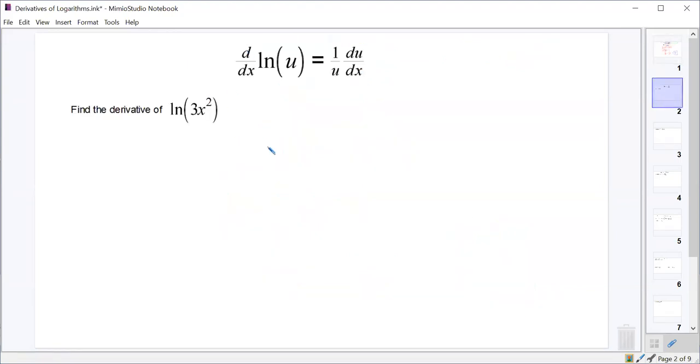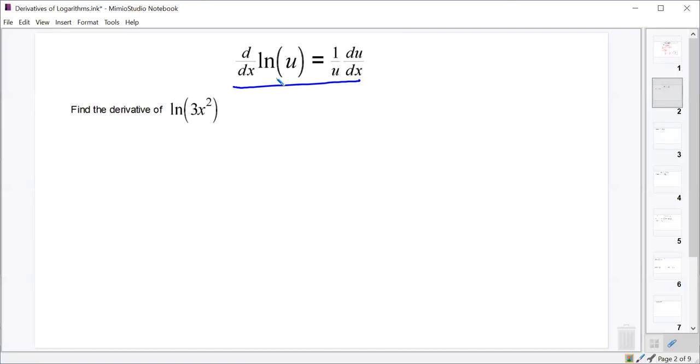Exactly. So if we have natural log of u, the derivative of that is 1 over u times du dx. That's the rule you're really going to want to know, or just be able to apply the chain rule through your regular natural log derivative rule that we've now proven.